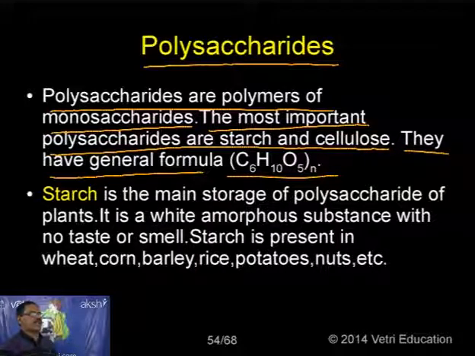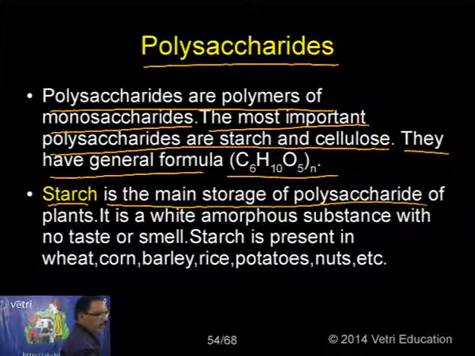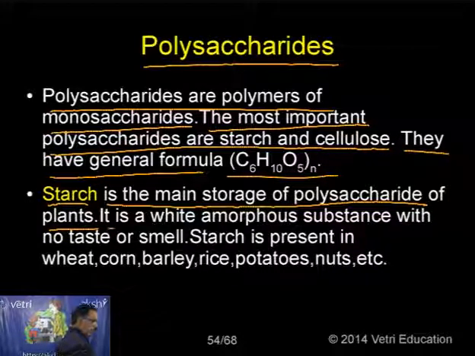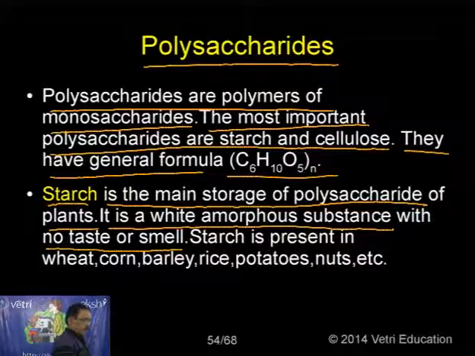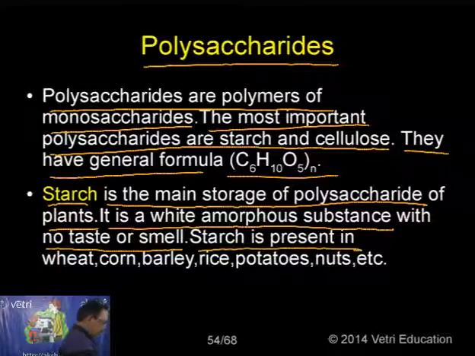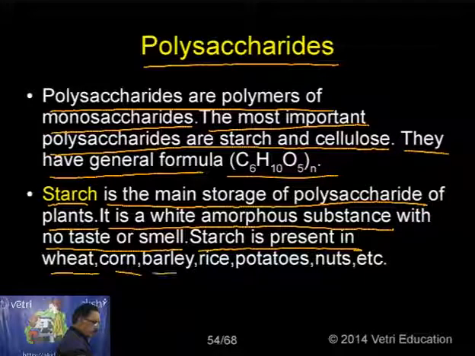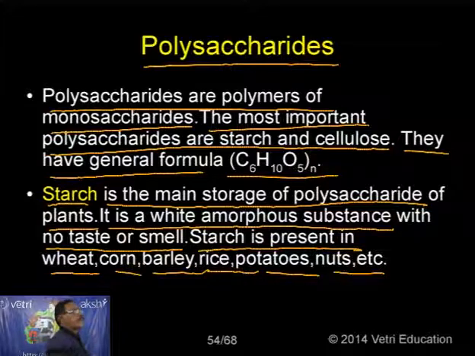You can use this general formula for starch as well as for cellulose. Starch is the main storage polysaccharide of plants. It is a white amorphous substance with no taste or smell, non-sugar. Starch is present in wheat, corn, barley, rice, potatoes, nuts, etc.